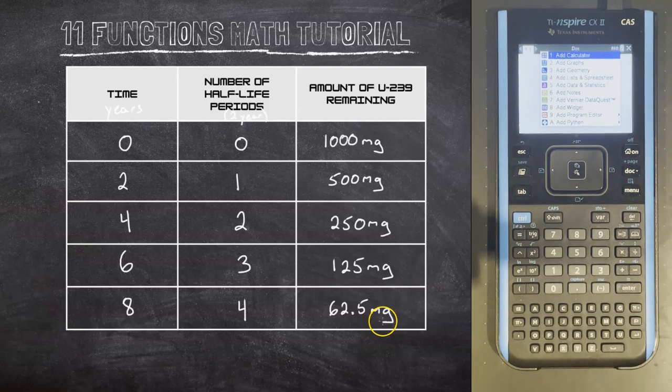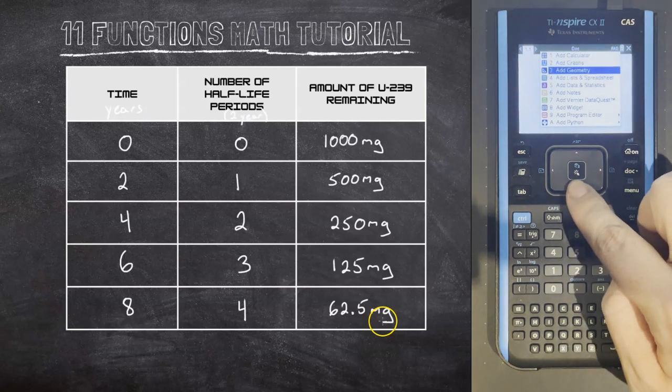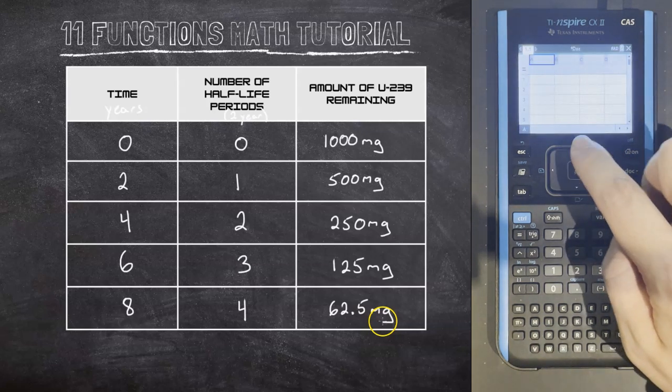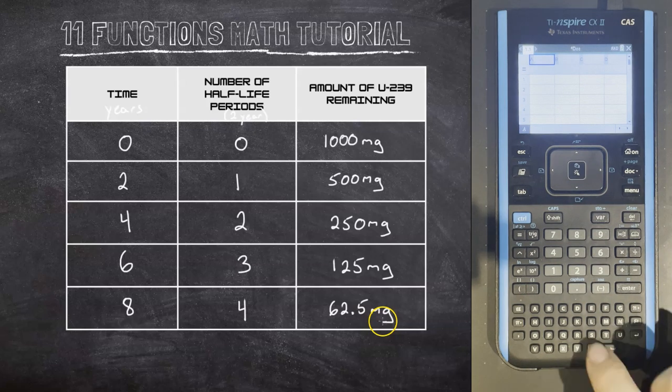So now I'm going to show you how to do a scatter plot on our TI-Nspire graphing calculator to see what this exponential decay function looks like. So we're going to create a new document. We're going to go to lists and spreadsheets. So let's title our columns. The first one, let's just call that time, which is our number of years.